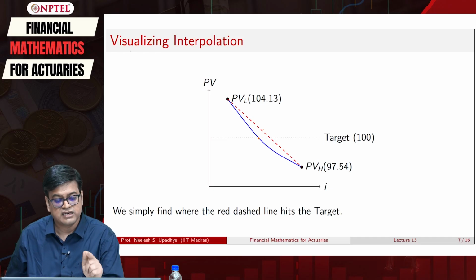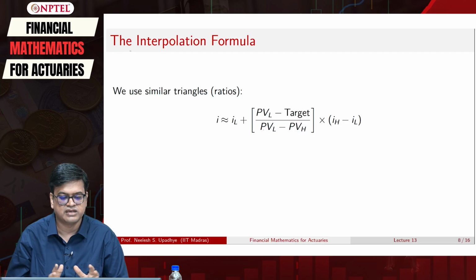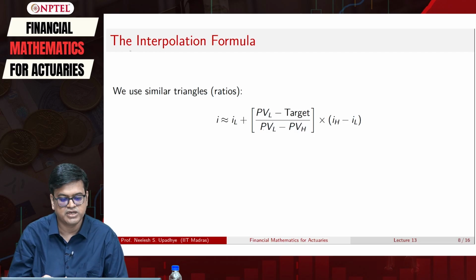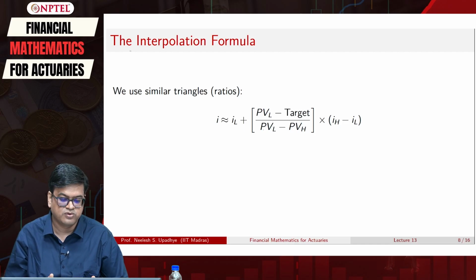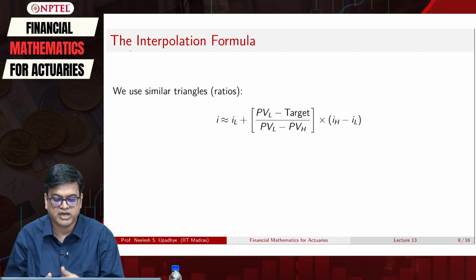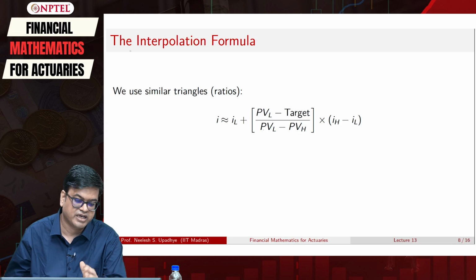So before that, let us compute what will be the interest rate. For that, as I mentioned, it's a simple linear interpolation. You have present value low, which will be higher, minus the target, upon present value low minus present value high, which is multiplied by IH minus IL, and I minus IL.